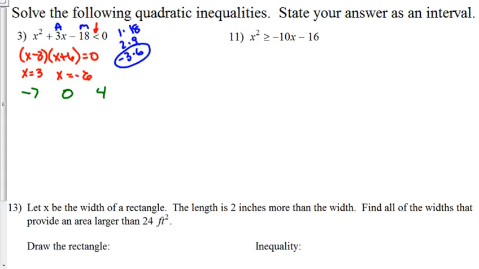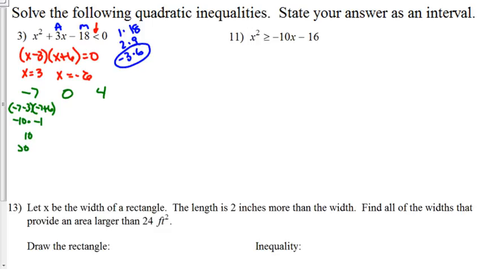So I'm also going to use the factored form. It's probably the easiest one to plug into. So negative 7 minus 3 and negative 7 plus 6. We're going to put those into both places. I get negative 10 here and negative 1 here. And when I multiply those, I get 10. So that is bigger than 0. So that doesn't work.